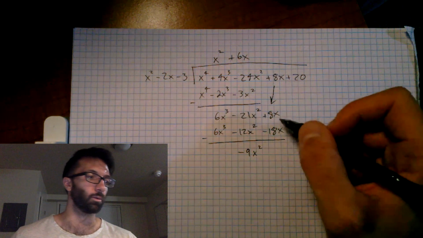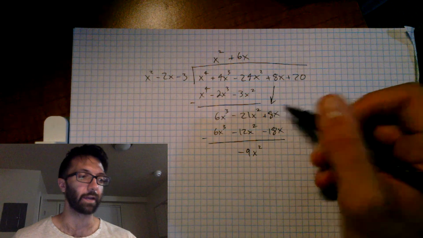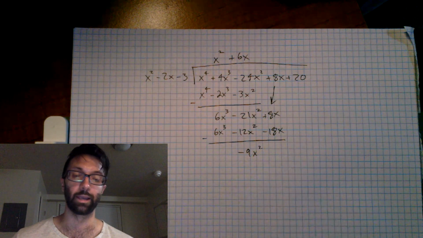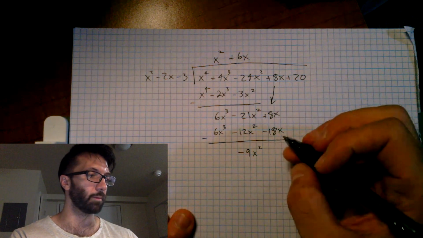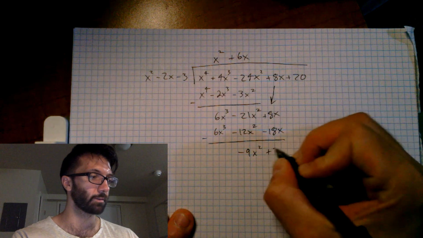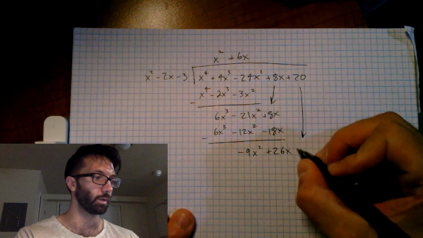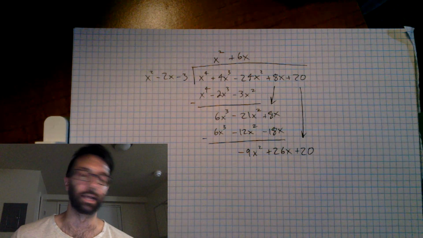And then we have 8x minus a negative 18x, so that's going to be 8x plus 18x. So that's going to be positive 26x. And then we bring down the positive 20. And then we repeat this one last time.